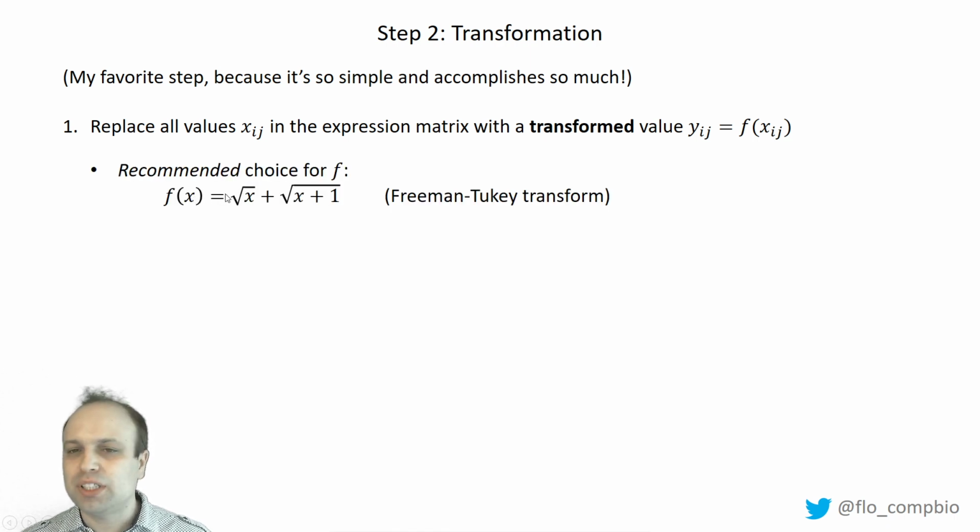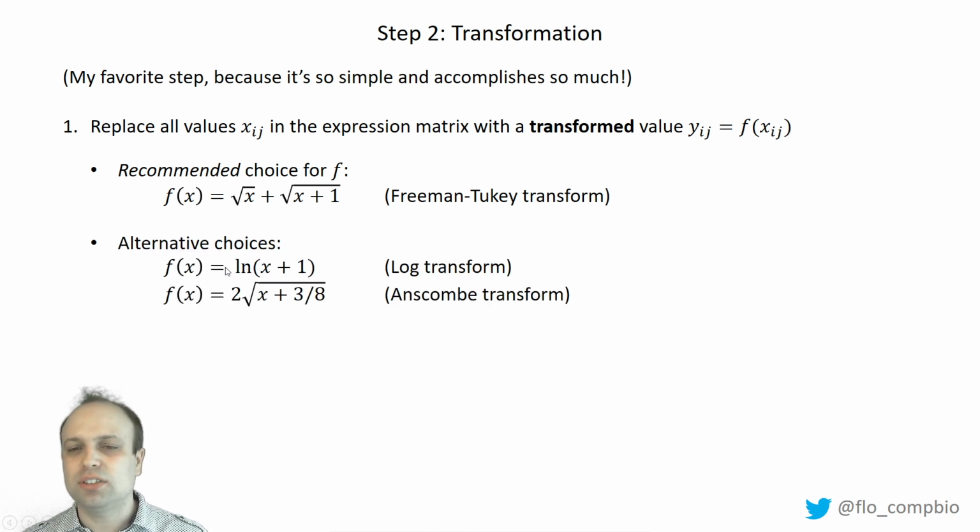What I recommend for f is the Freeman-Tukey transform, which is square root of x plus square root of x plus 1. There are other choices you can make. The most popular one by far is the log transform, which is the natural log of x plus 1, where the 1 is sometimes called the pseudo count. And then there's another square root transform called the Anscombe transform, which looks like this.